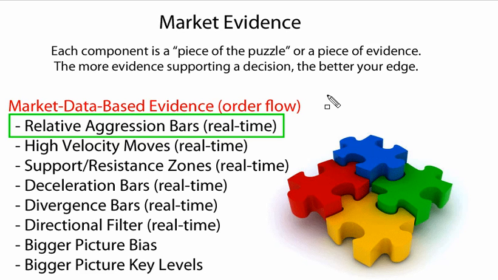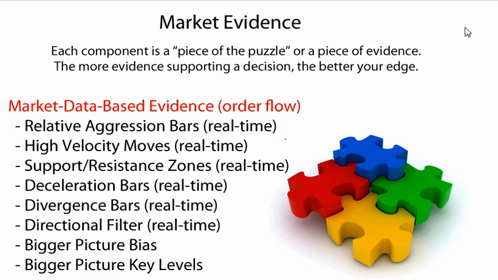And once we figure that out, we can look at how do we stay in the winning trade as long as possible. In other words, if we're in a short trade, how do we stay in that as long as possible until we actually see some bullish evidence coming in. So again, it's just building one step upon the next to help increase your probability of success. With the relative aggression bars, that's our first building block.